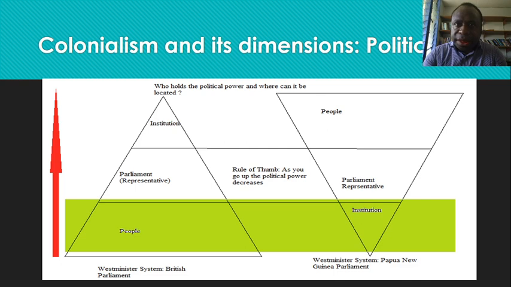So through representative democracy, you can see in the upright triangle where it says Westminster system, the British Parliament, the people sort of created a system. Hence, the political power resides within the people. The people create the parliament, the legislature, and the legislature makes laws and creates institutions.